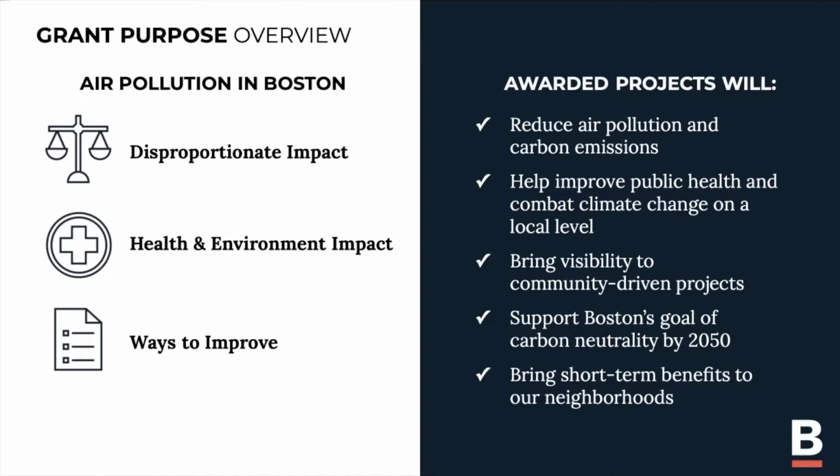More specifically, on the right side of the slide, you can see what we will be looking for in awarded projects. So projects that reduce air pollution and carbon emissions, ones that help improve public health and combat climate change on a local level, bring visibility to community-driven projects, which underscores this grant being for community and neighborhood level projects, and also support Boston's goal of carbon neutrality by 2050, while also bringing those short-term benefits to our neighborhoods.